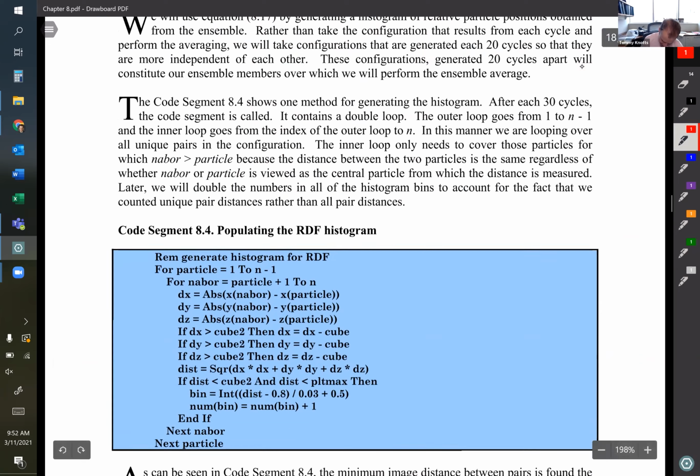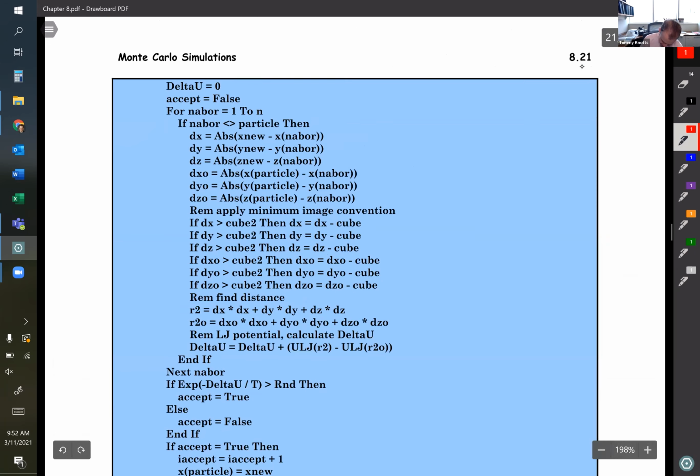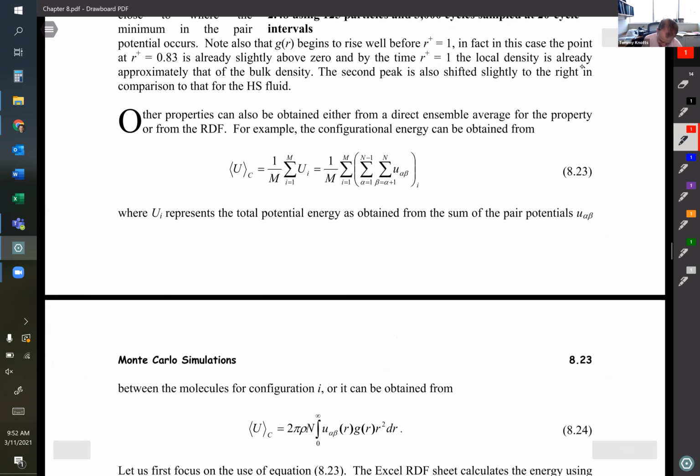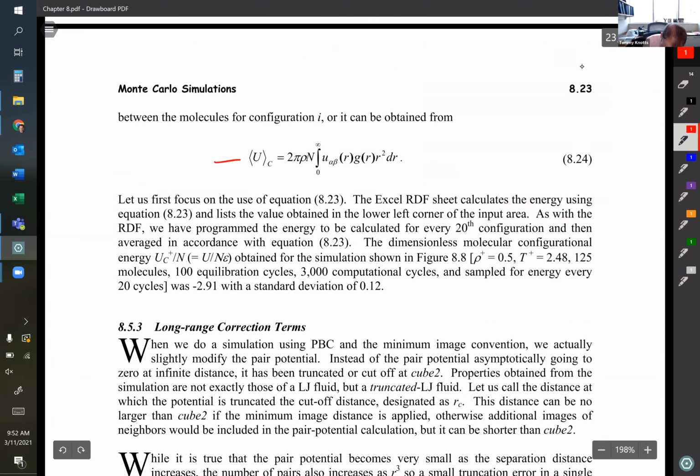If you go down in this chapter, if I have the radial distribution function, I can calculate the internal energy of the system without ever doing a simulation. If I got that neutron scattering data, I could do this integral. So here's my g of r, and it's a little complex, right? You'd have to do this numerically, but that's okay.